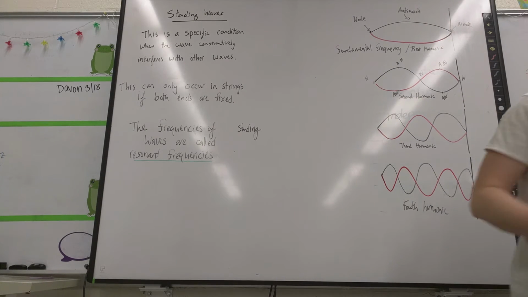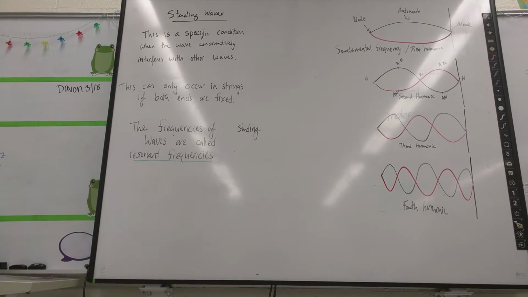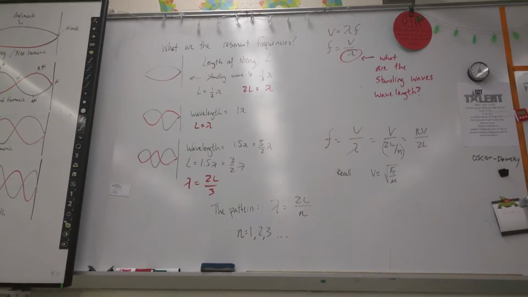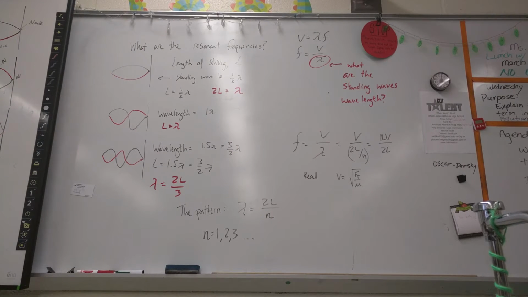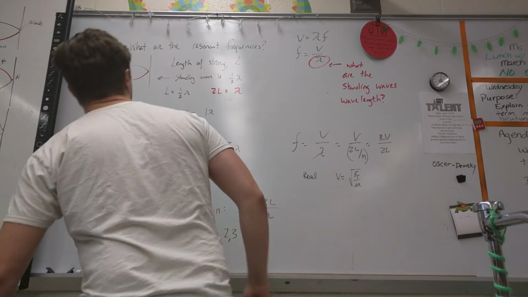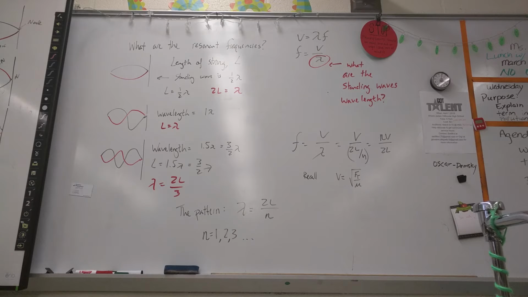So let's look at actually solving out and determining these fundamental frequencies, or resonant frequencies. I'm going to assume that the length of the string is L, and in this first case, my standing wave is a half wavelength.